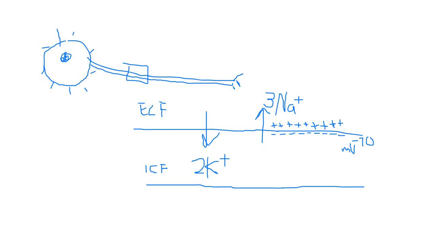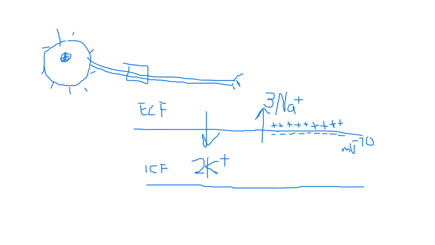The extracellular fluid, on the outside of the plasma membrane, is more positive and contains more sodium ions and less potassium ions, just the opposite. If you know one, you know the other. I'll say it one more time: the intracellular fluid, the inside of the membrane, is negatively charged and contains more potassium ions but fewer sodium ions, and it's opposite for the outside.